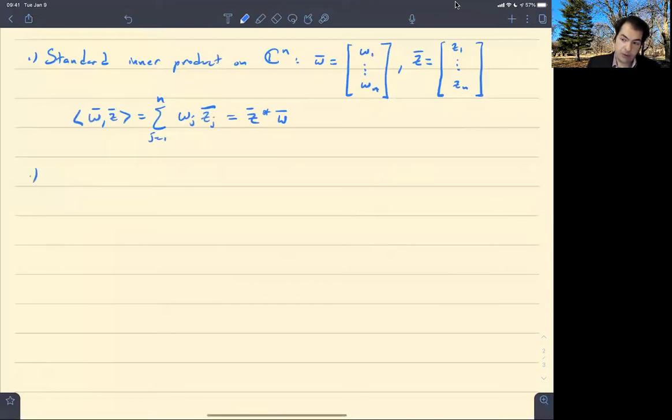Here's a third example. So let's say that you're working on the continuous functions on [0, 1] with values in the complex numbers. So f from [0, 1] to the complex numbers such that f is continuous.